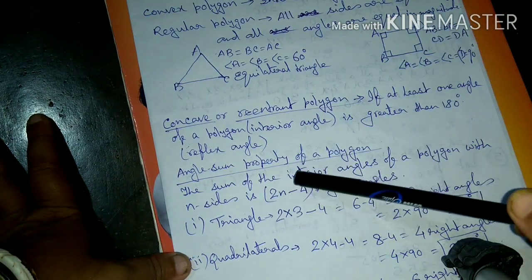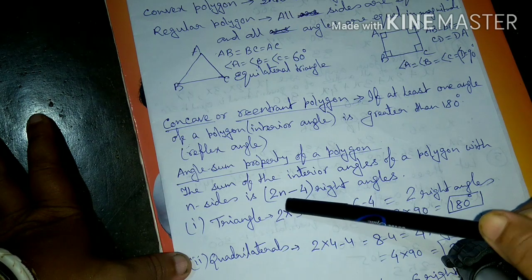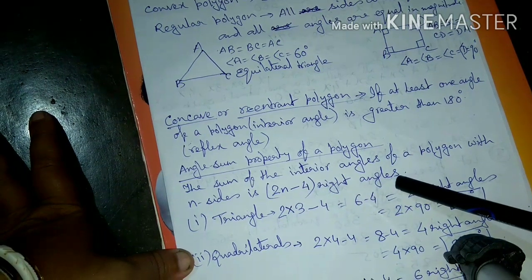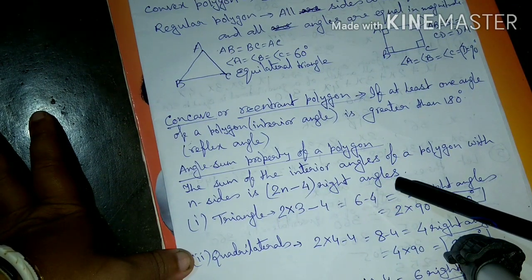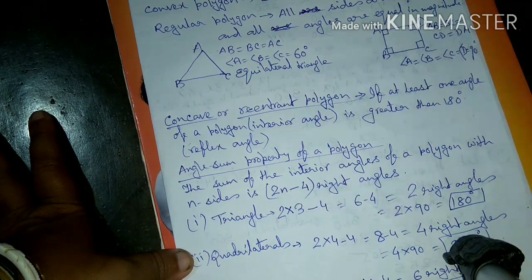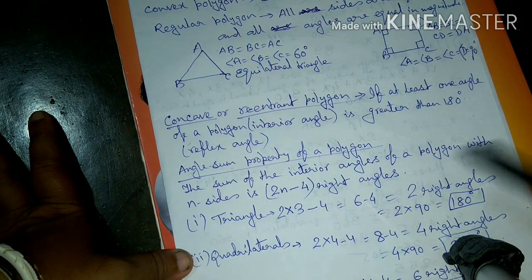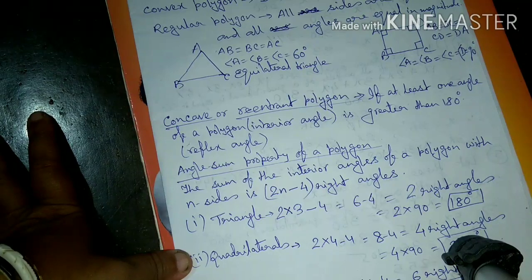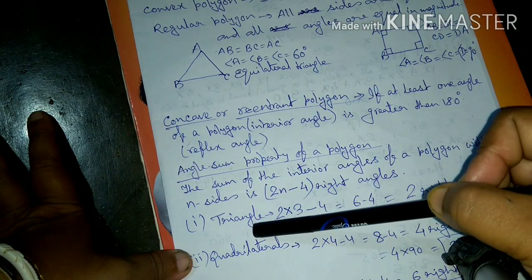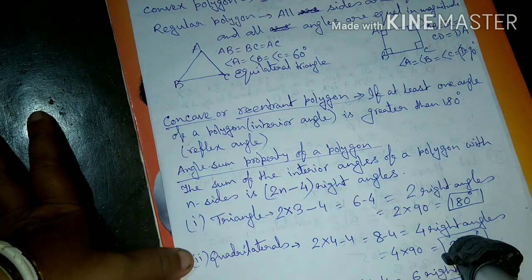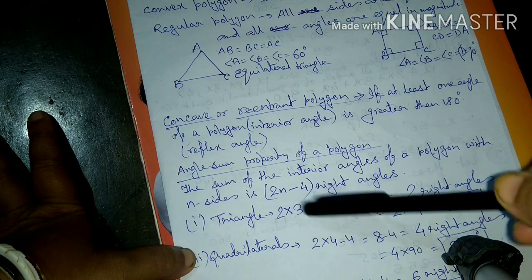The sum of the interior angles is 2n minus 4 right angles. N is the number of sides. Right angle means 90 degree. Just think about a triangle. You know in a triangle the sum of the angles is 180 degree. So let us see how it comes.